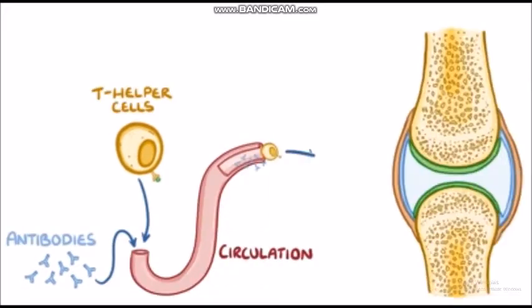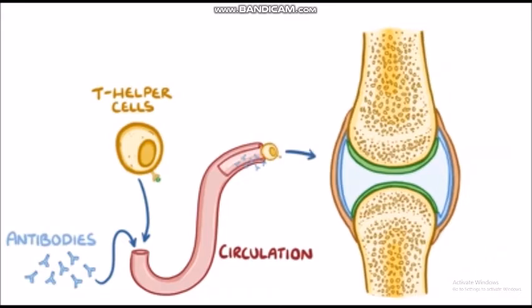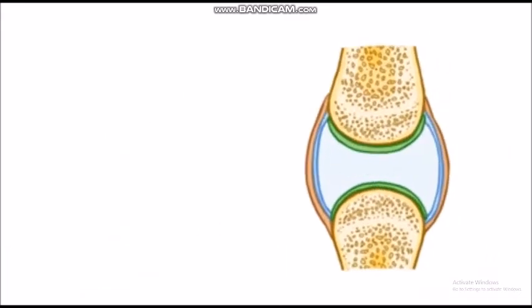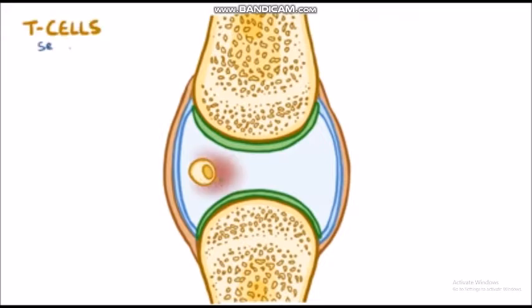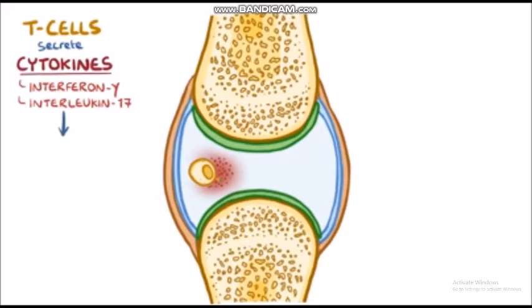In rheumatoid arthritis, T helper cells and antibodies enter the circulation and reach the joints. Once there, T cells secrete cytokines like interferon gamma and interleukin-17 to recruit more inflammatory cells like macrophages into the joint space.